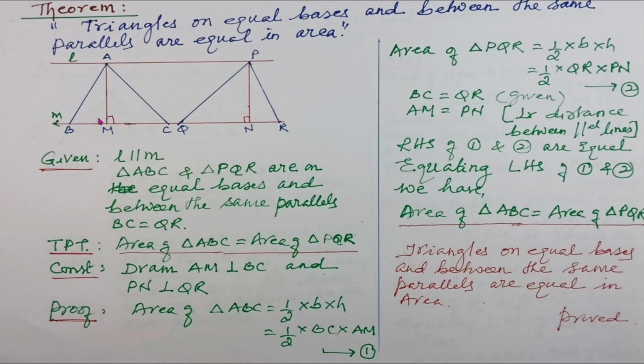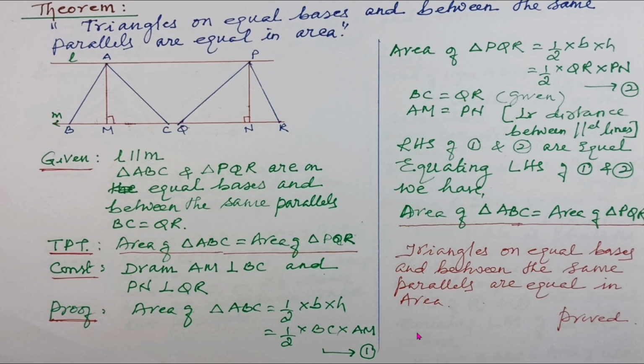Now draw AM perpendicular to BC and PN perpendicular to QR. Now the area of triangle ABC is equal to half into base into height, that is half into BC into AM. So also the area of triangle PQR is equal to half into base into height, that is half into QR into PN. Now we know that BC is equal to QR and AM is equal to PN because it is the perpendicular distance between two parallel lines.